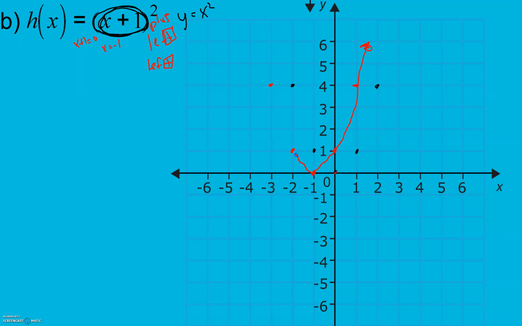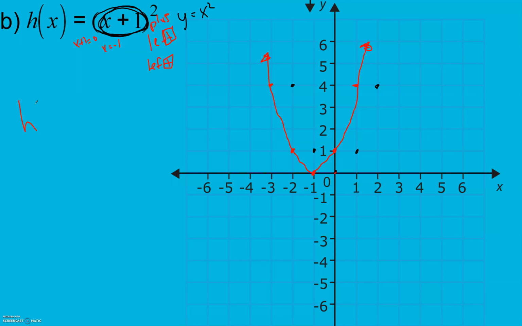We just got to figure out what our new x has to be. So instead of x being 0, it would have had to happen at negative 1, because negative 1 plus 1 gives me 0. When I square 0, we get an output of 0. So our outputs change based off our inputs, and we're looking for what input we put in to give us the original outputs. And we make that happen. Here it's translated left 1.